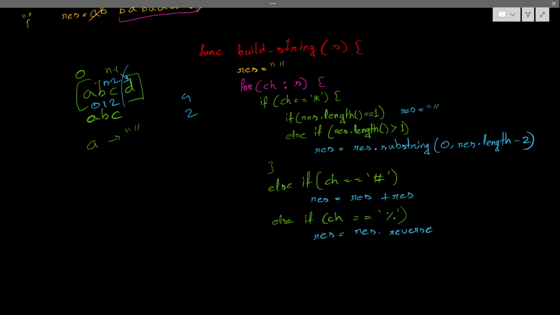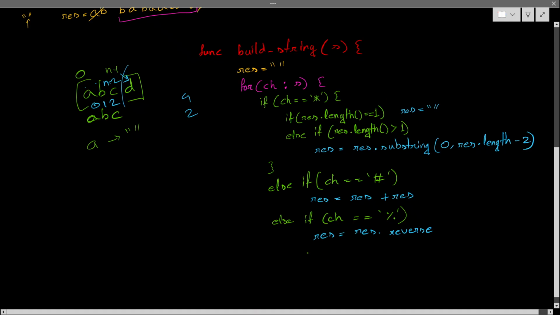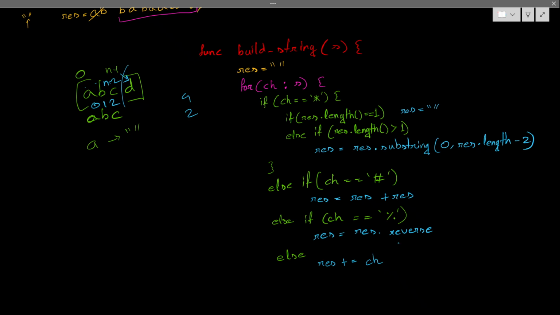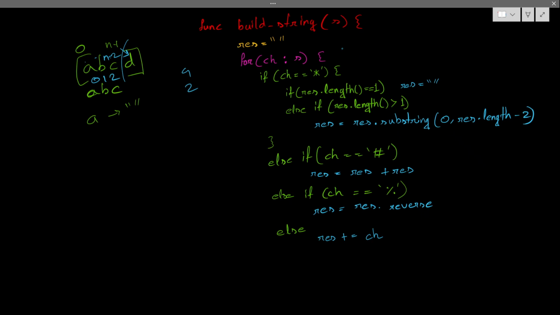And if these are not the case, that means what? This is an English character, so that is the else. In the else, what I will do is result plus equals this character, appending the character. This is the thing. At the end, the loop ends here.